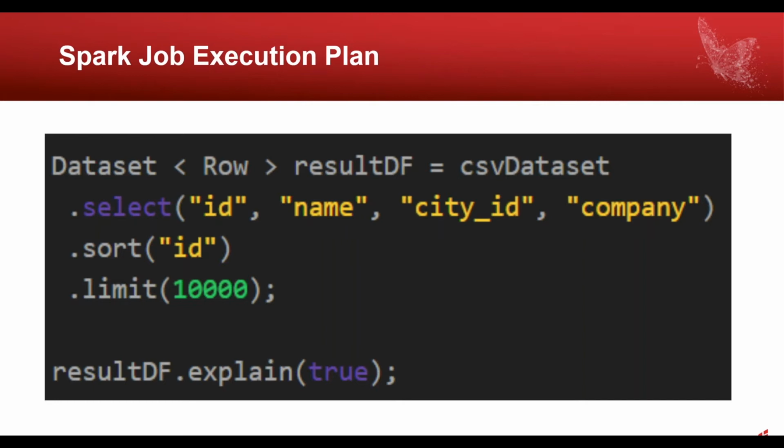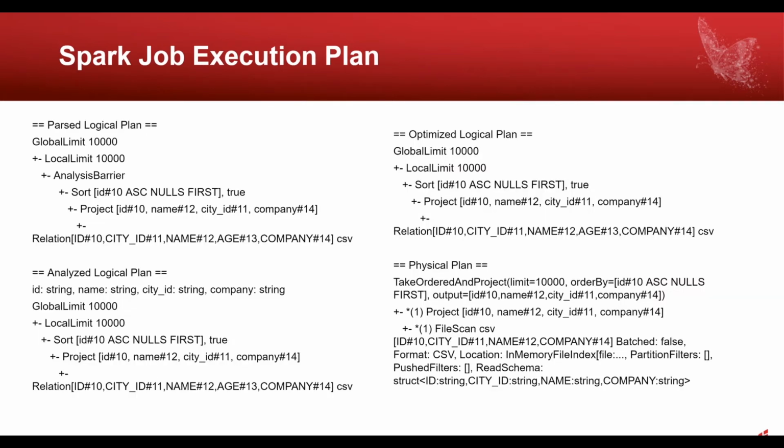After that, we choose only 4 columns from this file, make a sort operation using the ID field, and get only the first 10,000 entries. So to see how it works, you can run a special command in Spark, explain, like you see on the screen.